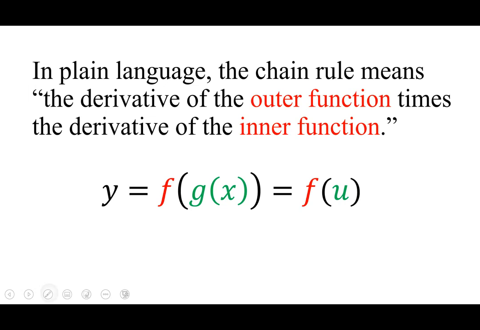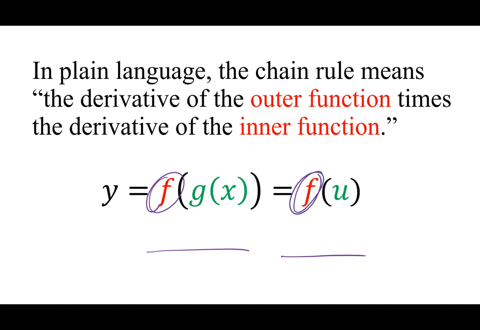So in plain language, here it is what you're trying to do. You are trying to say that the chain rule means the derivative of the outer function times the derivative of the inner function. So whether you think of it as an f of g or an f of u doesn't really matter for now. If you're thinking of it as an f of g, then your f is your outside function.